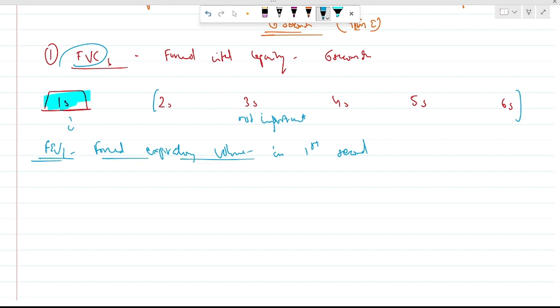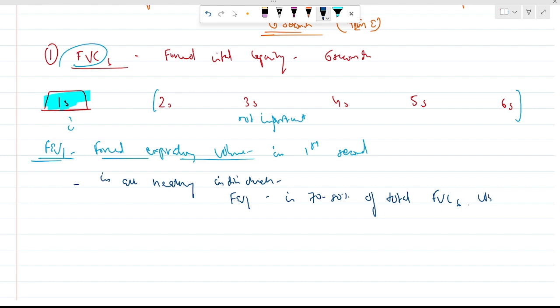Now the significance of this is, in all healthy individuals, the FEV1, forced expiratory volume in first second, is 70 to 80% of the total FVC6 itself. The total FVC value, 70 to 80% of it is expelled in the first second alone.